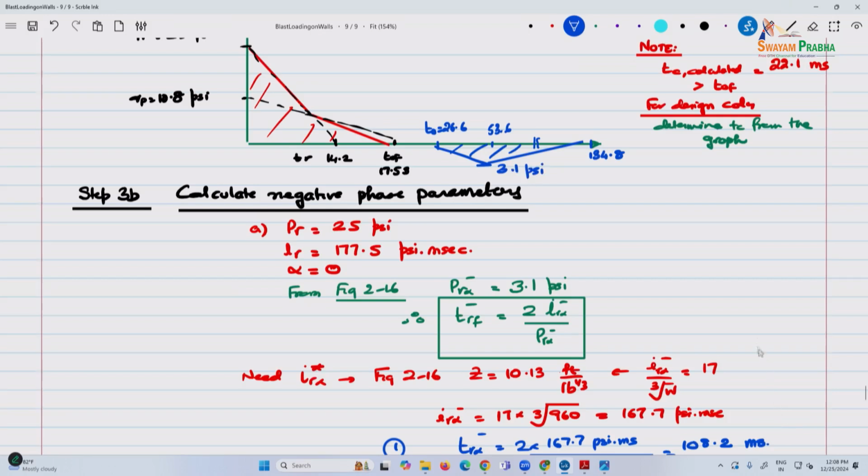That would be the solution for the front wall.